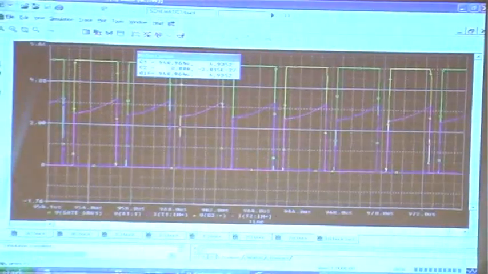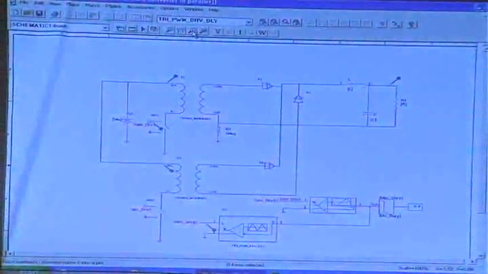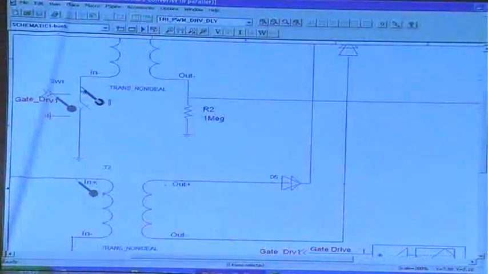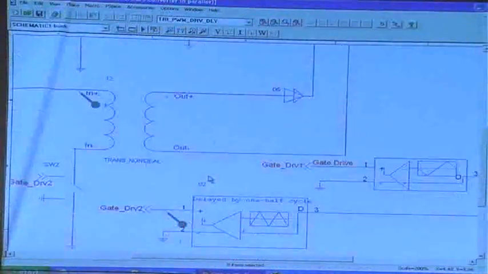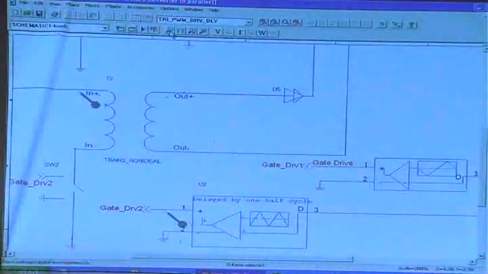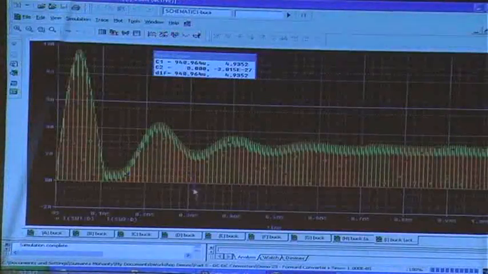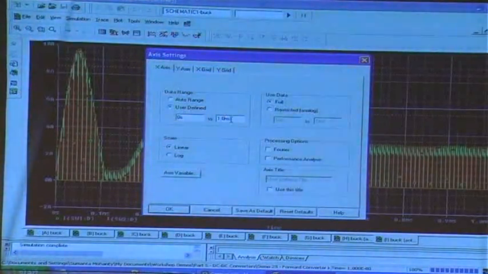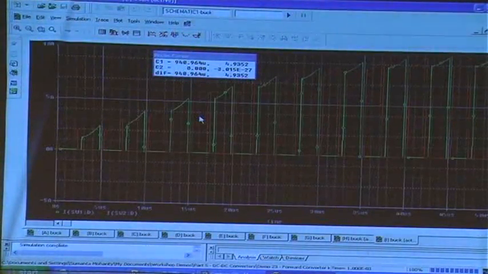Then we plot the two currents, that's your one primary current, and then this one. They should be shifted, and yes, they are shifted by half the time period.